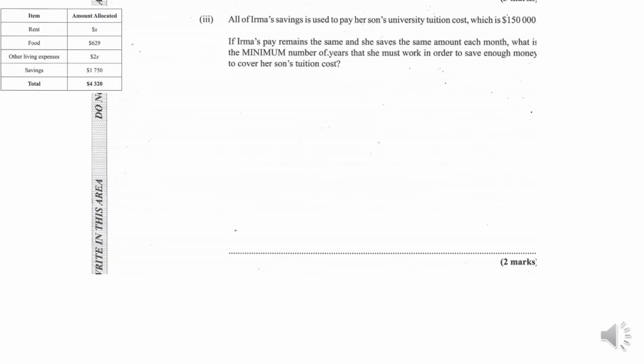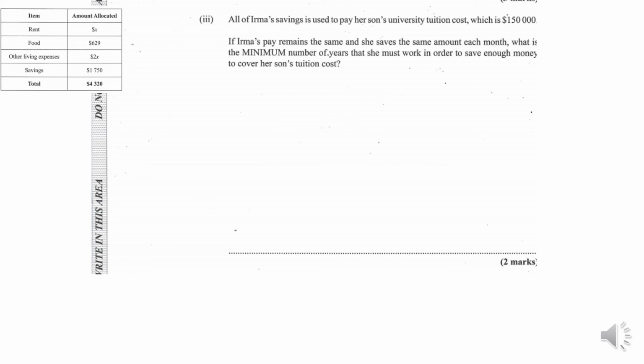All of Irma's savings is used to pay her son's university tuition cost, which is $150,000. If Irma's pay remains the same and she saves the same amount each month, what is the minimum number of years that she must work in order to save enough money to cover her son's tuition?